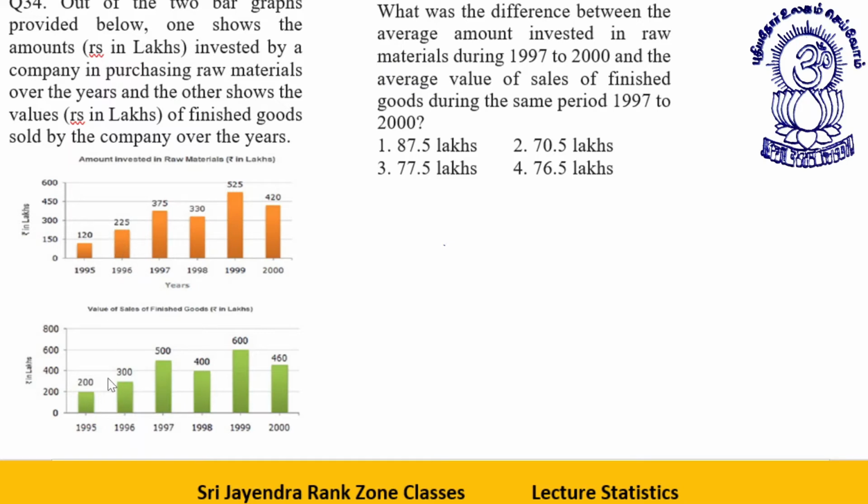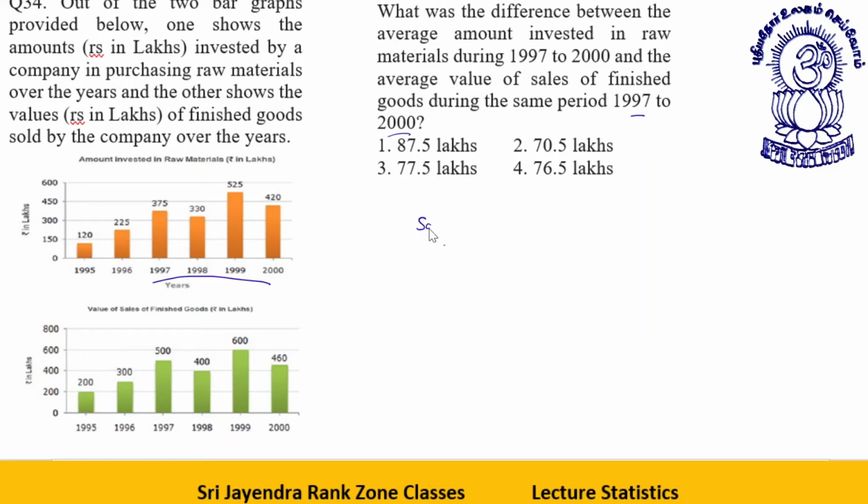What was the difference between the average amount invested in raw material during 97 to 2000 to the average value of sales of finished goods during the same period, 97 to 2000? So what you have to do is you have to find the difference. What was the difference?